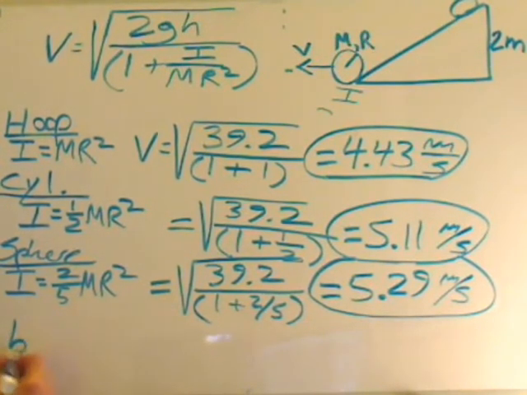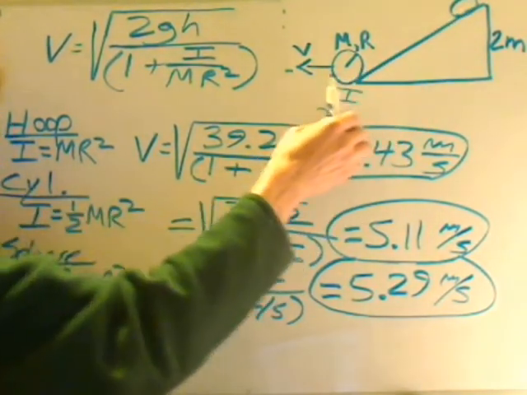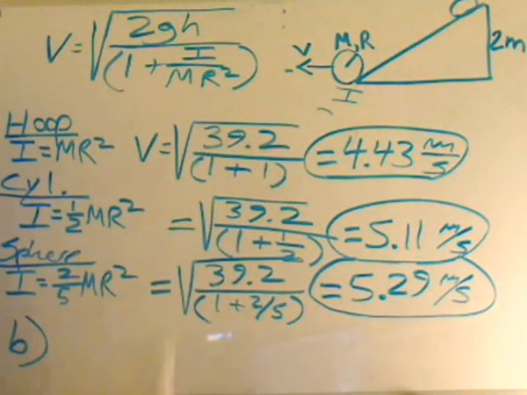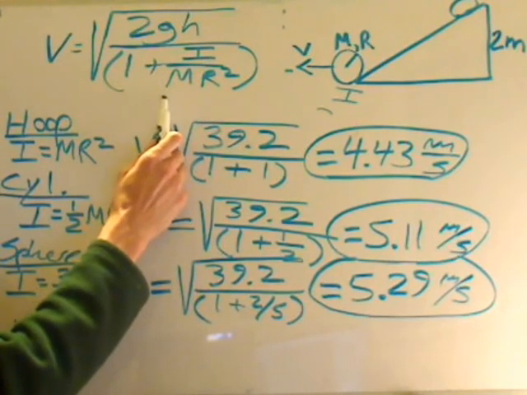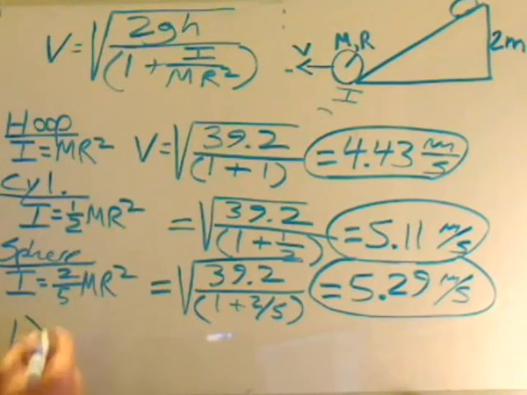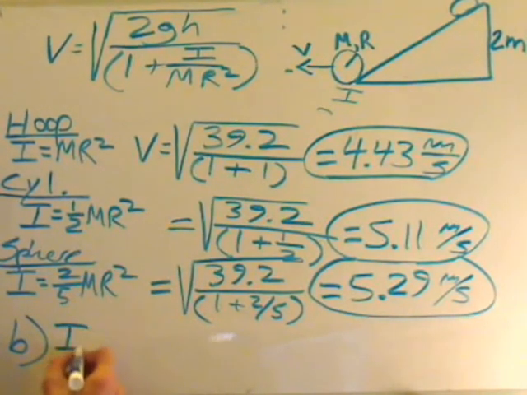Now part B asks what would be the velocity of an object that just slides down the slope, like a sled that slides down a frictionless slope. Well, we can use our exact same result with the moment of inertia set to 0. An object that just slides down essentially has a moment of inertia of 0.